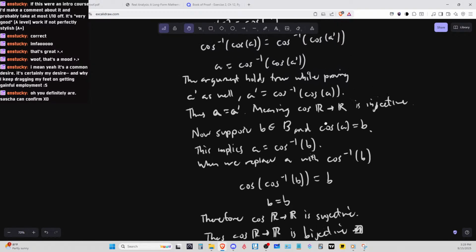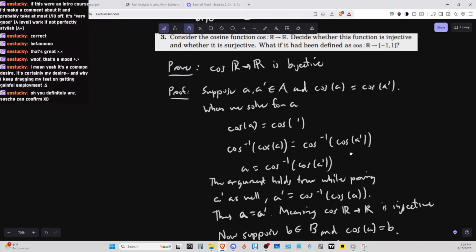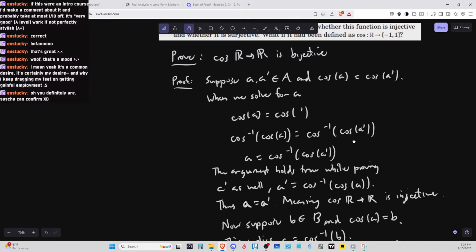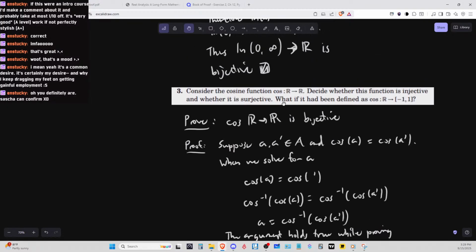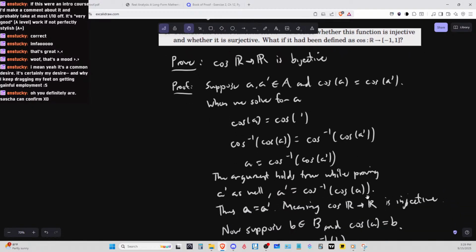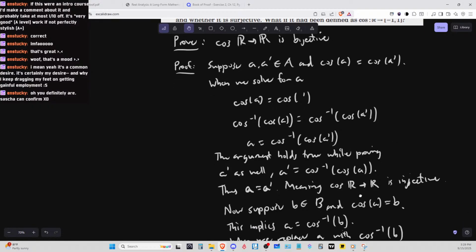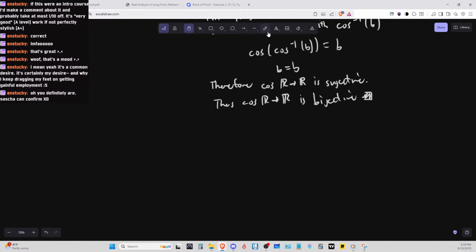This one's a bit shorter than the last one, but whether it's good or not, let's see. What if it had been defined as one to one? So I think we have two proofs to do.